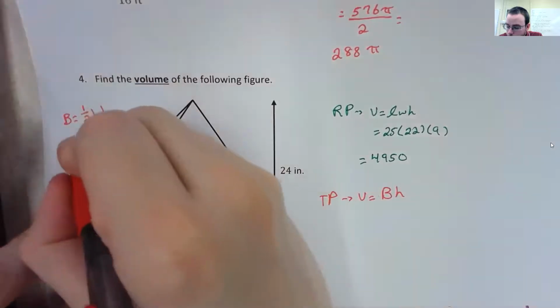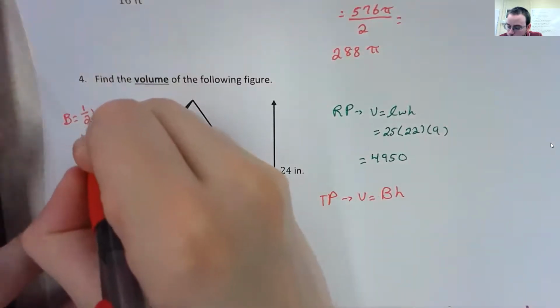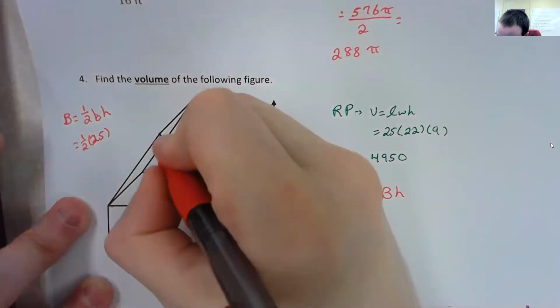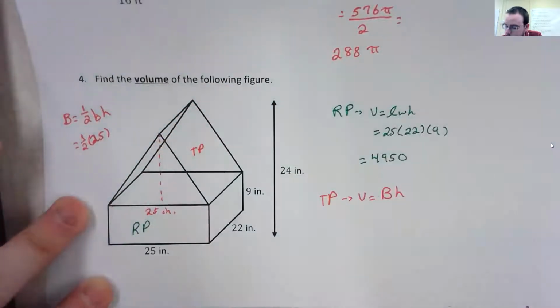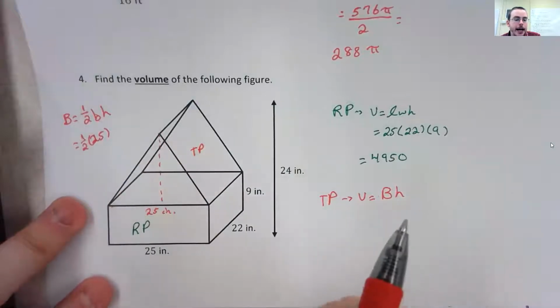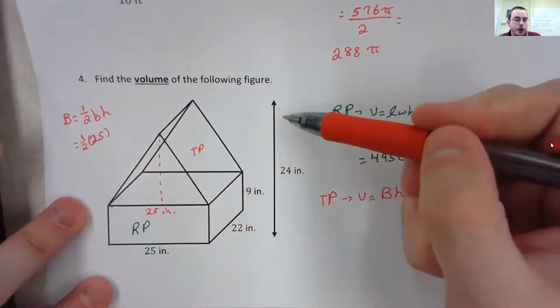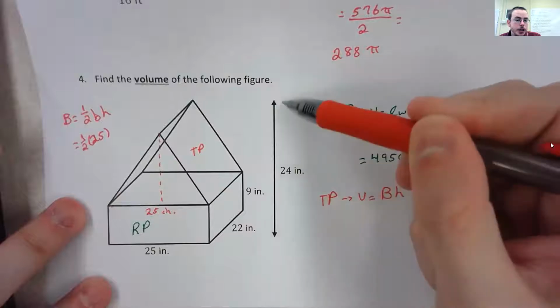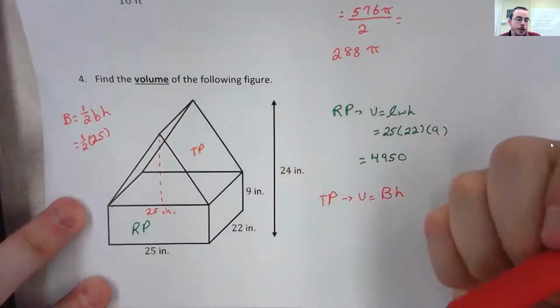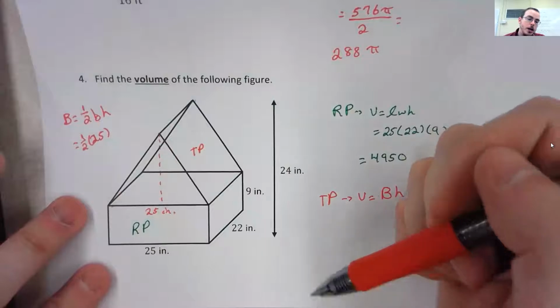So we know we have 1/2 times 25. And what is the height of the triangle? Well, that would be this line here. So from this point to this point, what is that height? Well, you see here we have a 24-inch total height from the top of the triangular prism to the bottom of the rectangular prism.